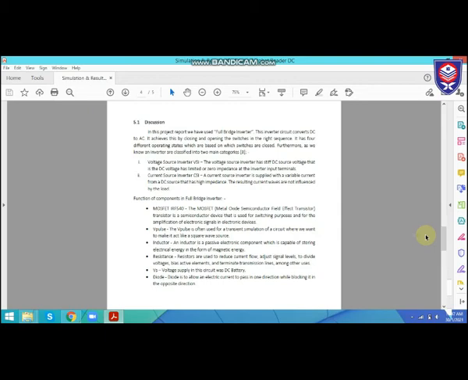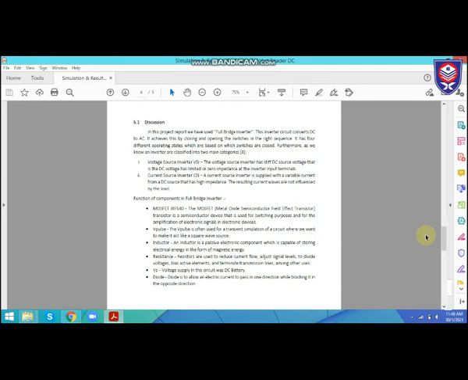Voltage source inverter ini mempunyai limited atau kosong impedance pada inverter input terminals. Dan yang kedua adalah current source inverter, CSI. Current source inverter ni dia supply variable current daripada DC source yang mempunyai impedance yang tinggi.